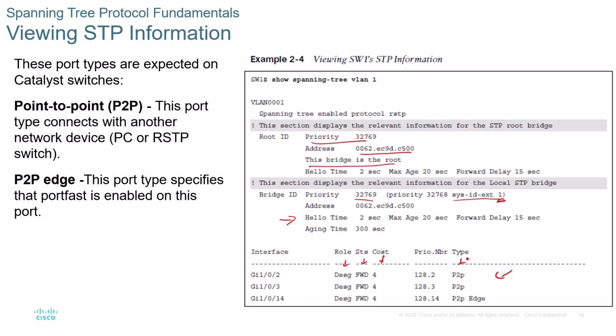A P2P edge, this port type specifies port fasts, or it's connected to an end device. I know that this one also said PC, but in reality, this guy should be networking devices. So if the PC is running like a router, things like that.